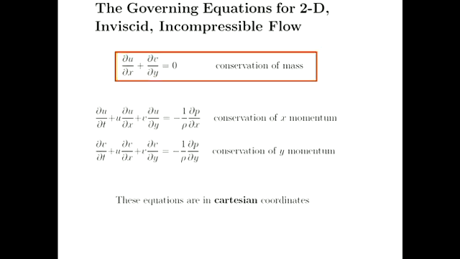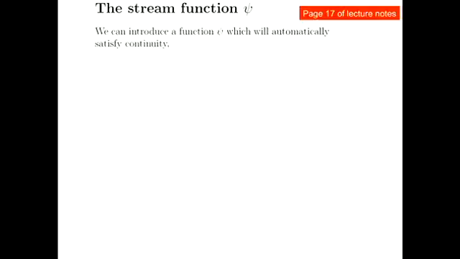And the first thing that we can do is really a trick. We can introduce an intermediate variable that straight off the bat is going to satisfy conservation of mass. Okay, and this is this property that's known as the stream function. Okay, so for now it's just an algebraic construct, but I'll show you what the meaning of it is.